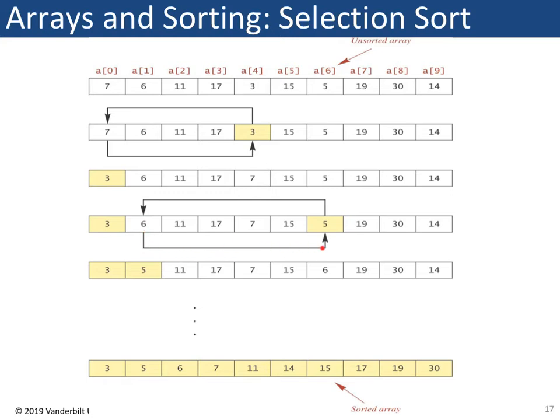So that means 6 goes into the location which was previously occupied by the value 5. So now we have the first two elements locked in place. And then we would pass down the array again and find the next smallest value, which would be 6. And we would swap it with 11.